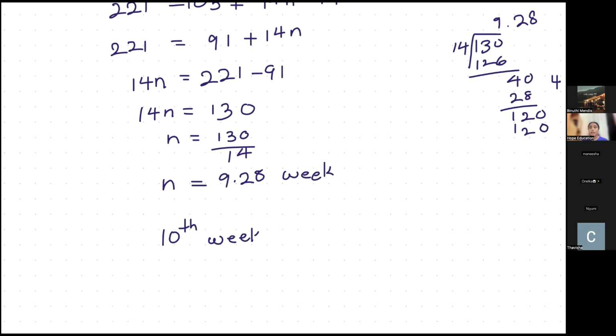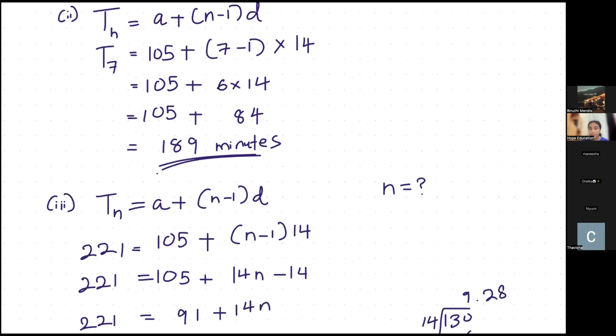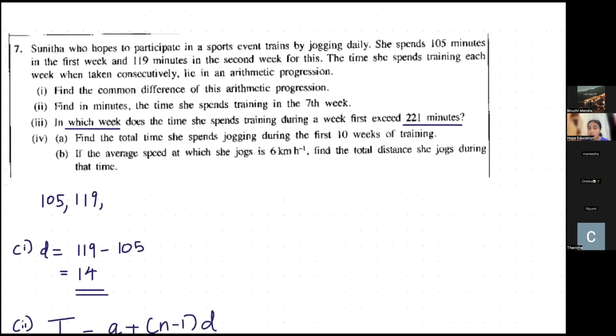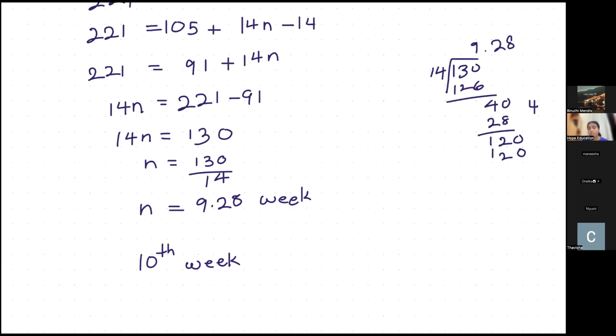I don't know if you understood. Let me explain that one more time. The training minutes must be more than 221. 221 corresponds to 9.28. More than that means it's the 10th week. Is that clear to all of you?